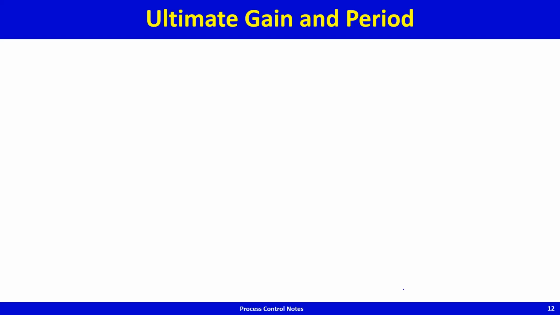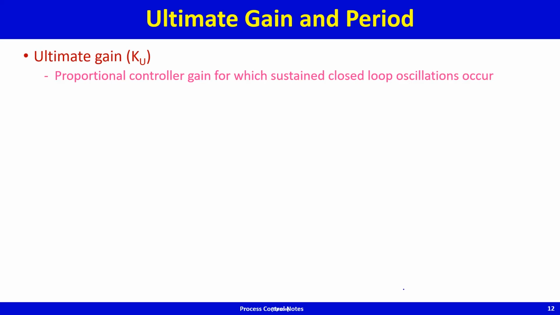Proportional controller gain, not PI, not PID, but a P only controller gain. And the period of oscillation is known as the ultimate period. So ultimate gain is the proportional controller gain for which sustained closed loop oscillations occur. Ultimate period is the period of those sustained oscillations.